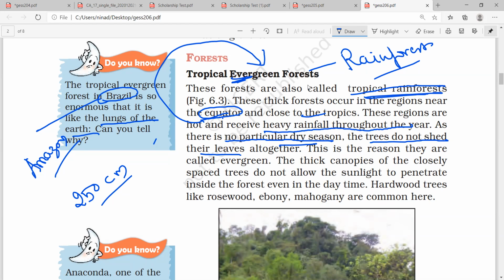I can't say that they will not shed the leaves at all. They will shed their leaves, but not simultaneously.